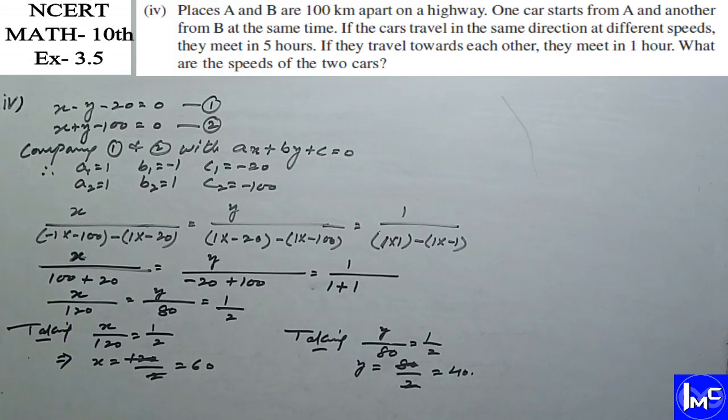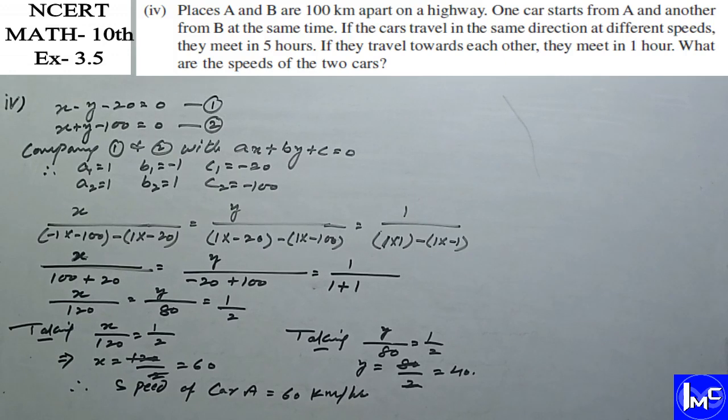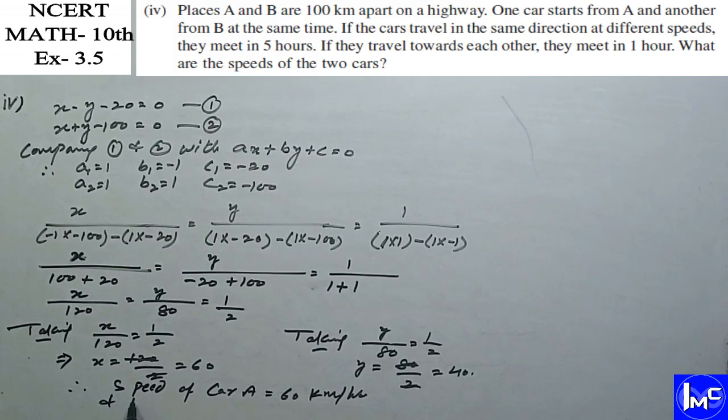And so our required speeds, therefore: the speed of car A is 60 km/h, and the speed of car B is 40 km/h, and this is our answer.